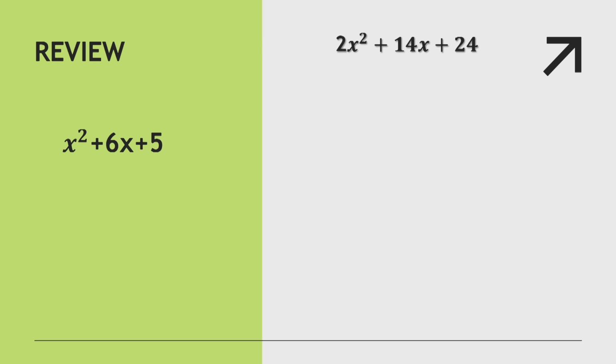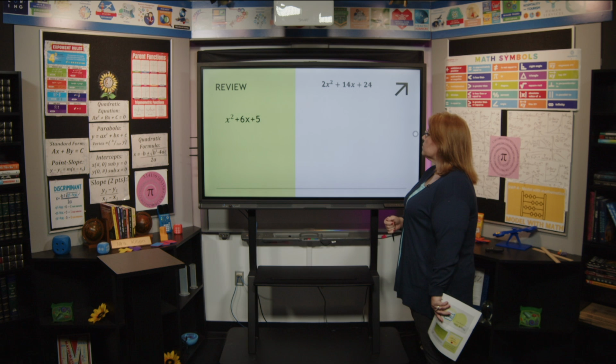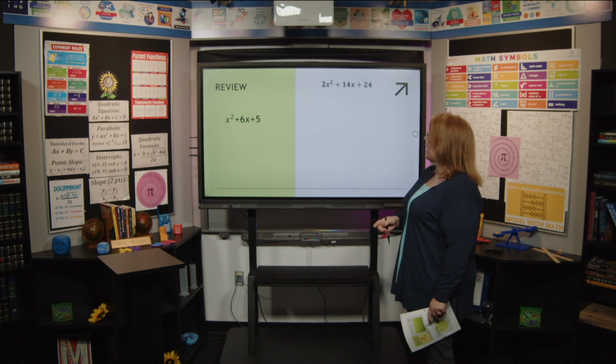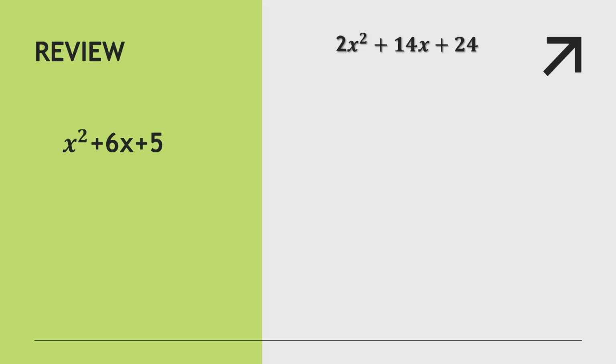Now, let's look at this one. This one looks a little different, but that's okay. We always do what when we're trying to factor? We always try to find the greatest common factor. So let's see if we have a greatest common factor. I have a 2 as my a, a 14 as my b, and a 24 as my c.